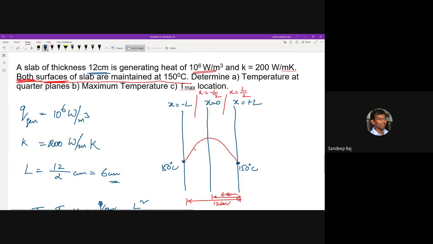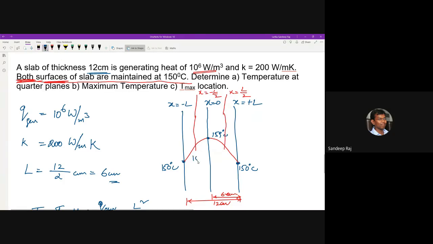So here the temperature is 159 degrees, and somewhere over here, if I take a point here, this one also is here.